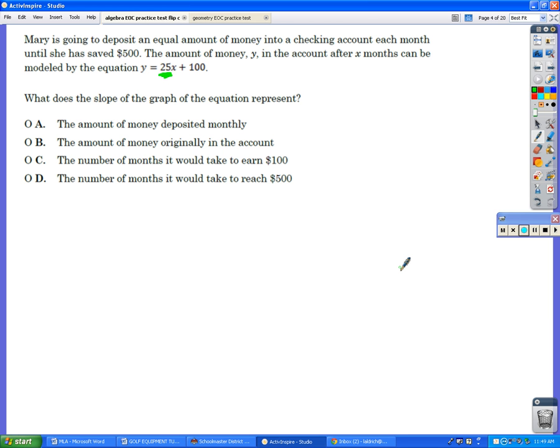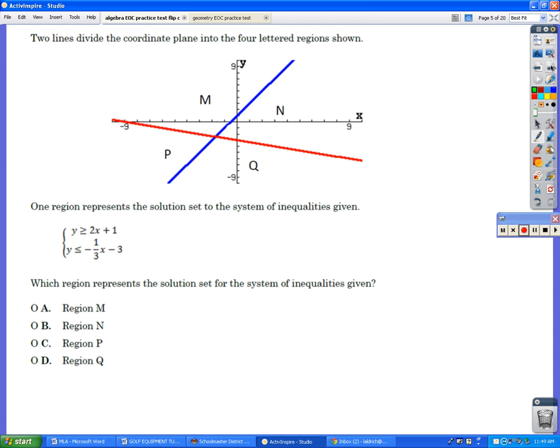A, yes, that is the amount of money that she's depositing each month, because you think of the slope as being how much something is going up by. So if she's depositing $25 a month, then the amount of money in her account is going up by $25 each month. So that's answer A.